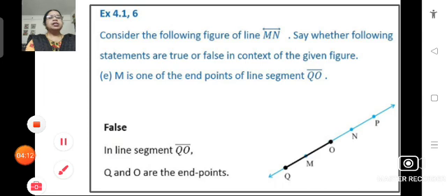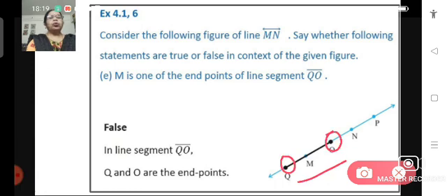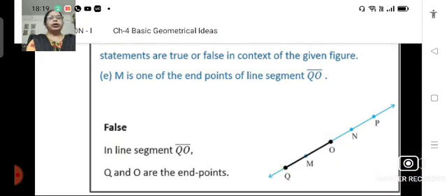E, M is one of the endpoints of the line segment QO. So here again this is a false statement, isn't it? Because the segment QO has two endpoints Q and O, and it is not M. M is not one of the endpoints.